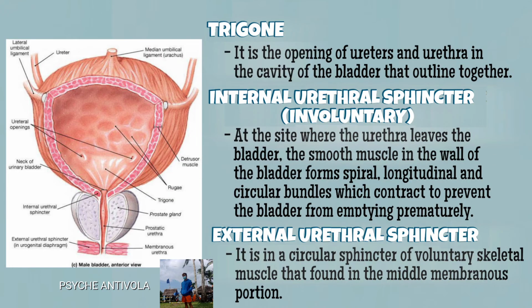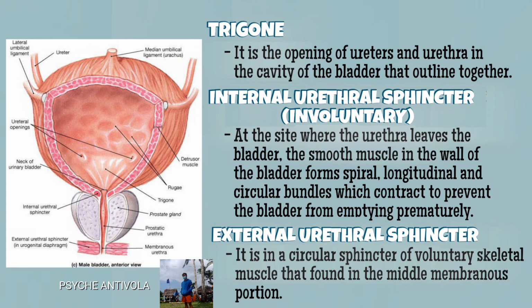Trigone. So as you can see here, this is the most important part of our bladder, which is the trigone. Trigone is the opening of the ureters and urethra in the cavity of the bladder that outline together. Internal urethral sphincter.